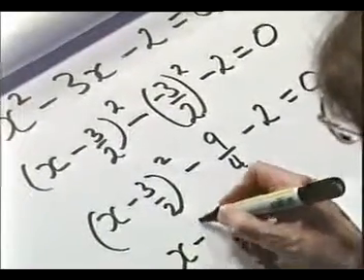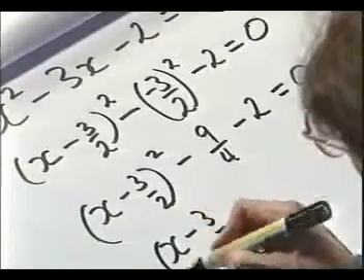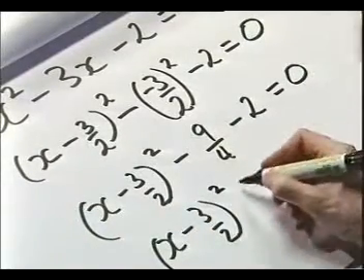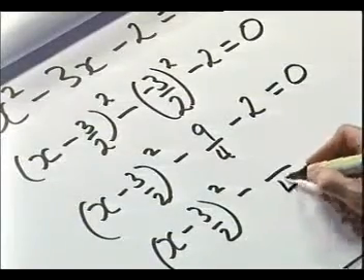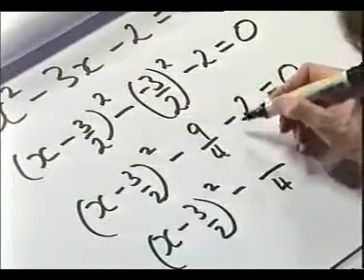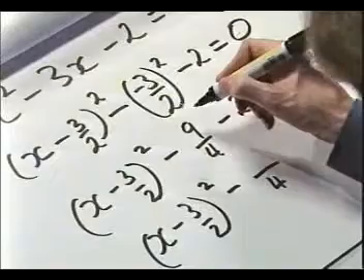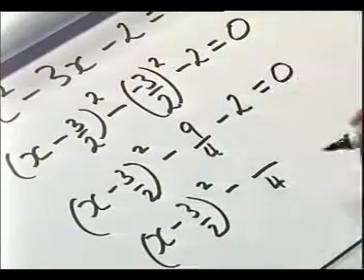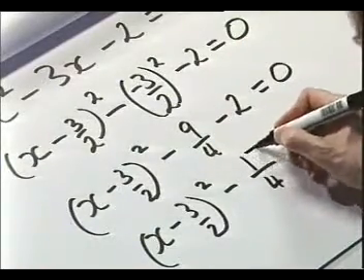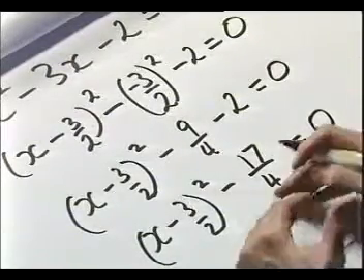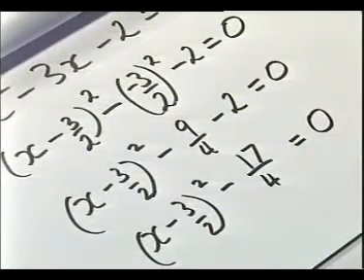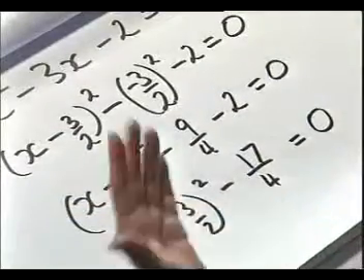So we've got x minus 3 over 2 all squared minus, now let's write this all over 4. 2 is 8 quarters, so I'm taking away 9 quarters, and I'm taking away 8 quarters, so I'm taking away 17 quarters altogether. Now this looks more manageable. Let me just turn over the page and write this down again.